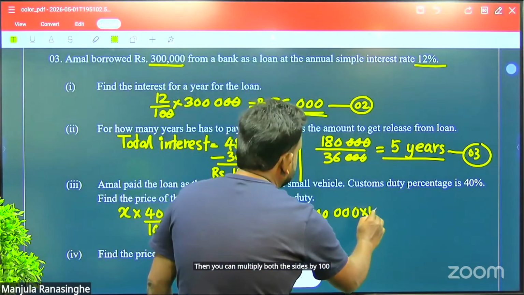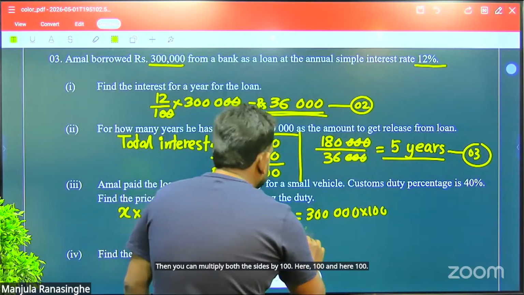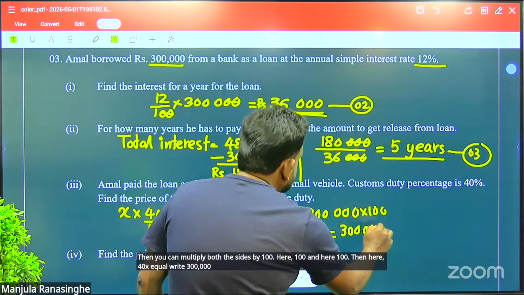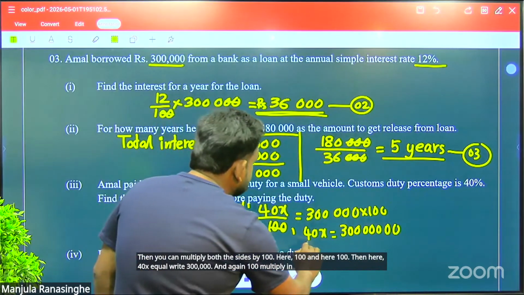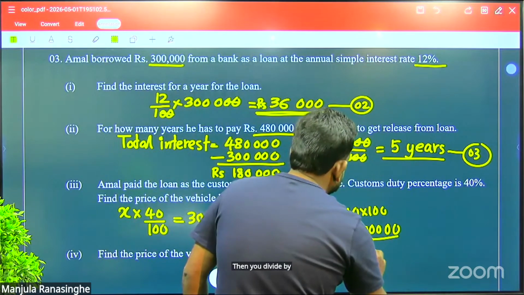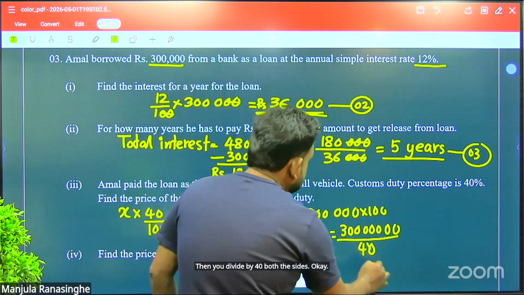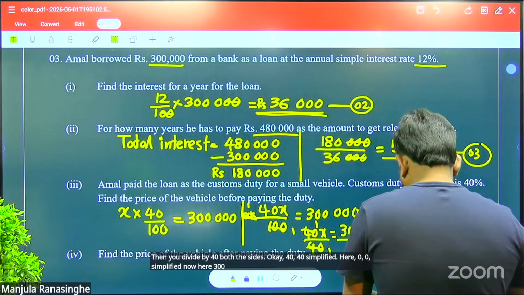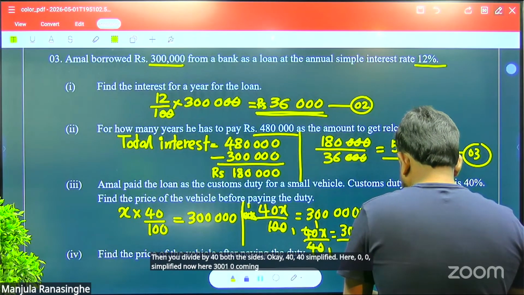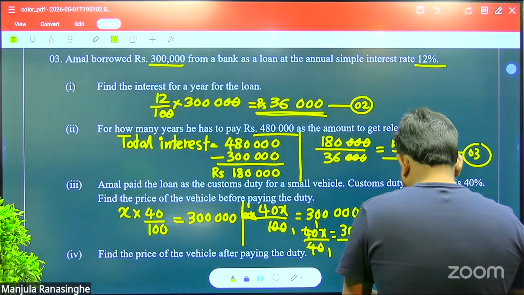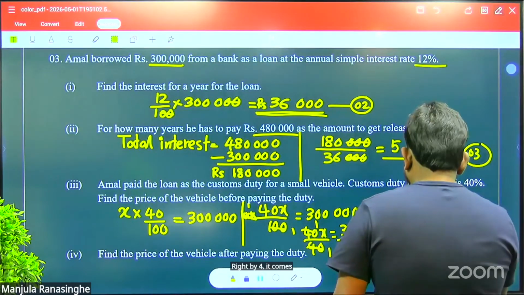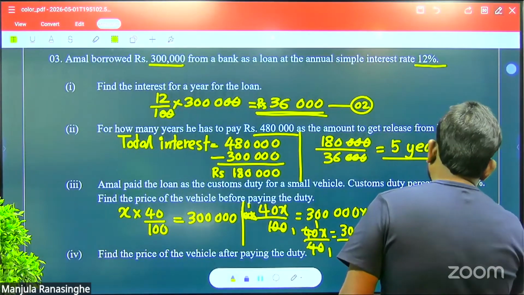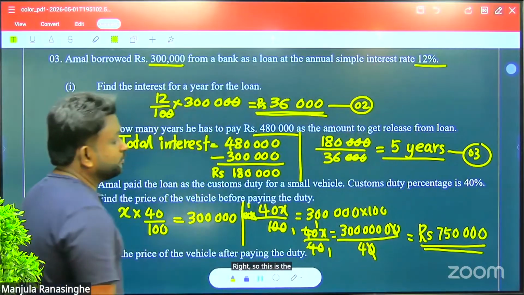Then 40x equals 300,000, and multiplying by 100 means 2 zeros added, then you divide both sides by 40. 40 and 40 simplify, and the zeros simplify. Now 300,000 with 1 zero coming, divided by 4, it comes as 750,000. So this is the vehicle price before paying the tax.